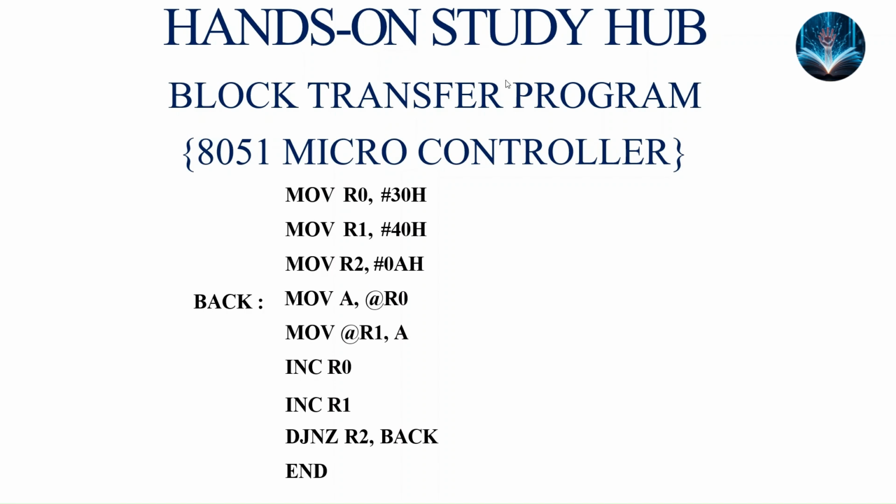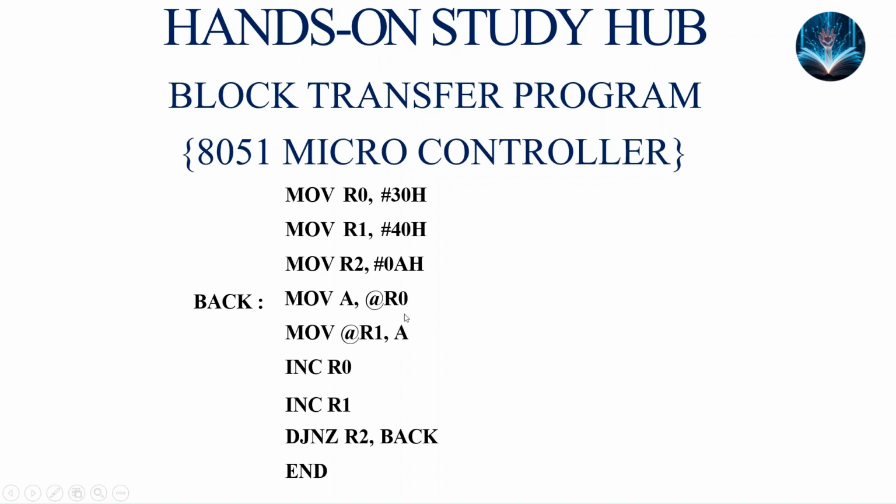So next, MOV A, @R0. Here the @ symbol indicates indirect register addressing mode. Whatever data is present at the address in R0 needs to be transferred into the accumulator. Next, MOV @R1, A. Whatever data is present in the accumulator needs to be copied to the location pointed to by R1.